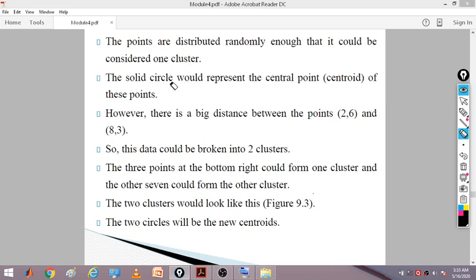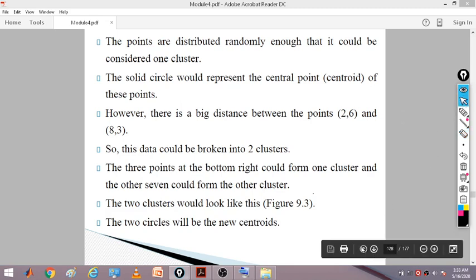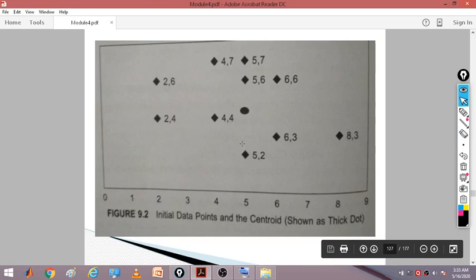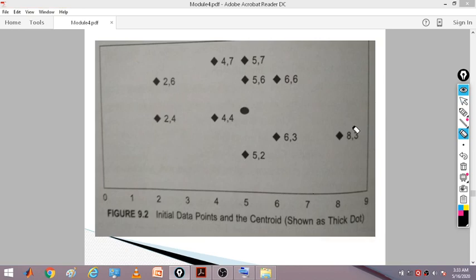The solid circle in the center is the centroid point. Now there is a big distance between 2,6 and 8,3. You can see there is a lot of distance between these two objects.